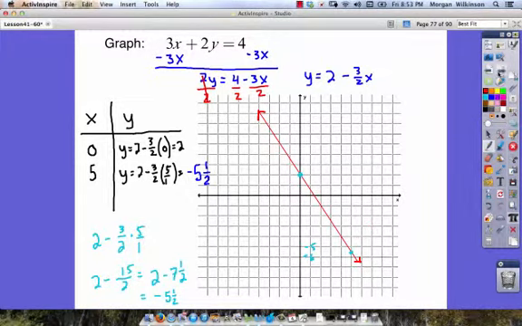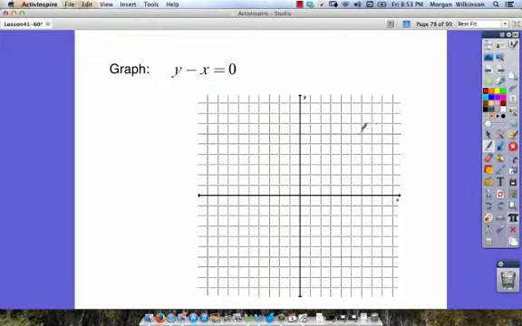We've got one more problem today. We want to graph y minus x equals 0. Now this is a nice one because when we solve for y, we're going to add x to both sides. So we only have one step. And what we get is y is equal to 0 plus x. So that just means y is equal to x.